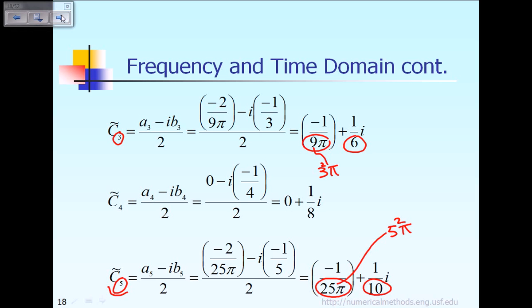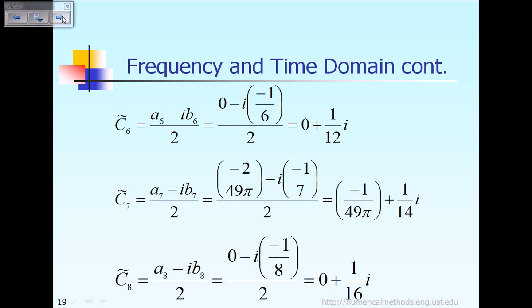On the other hand, corresponding to the index k being an even number, like k equal to 4, then the real part is always equal to 0, and the denominator of the imaginary part is doubled, so 4 becomes 8. So there's a pattern right there. And you can see again on the next slide, when the index k equals 6, which is an even number, the real part is equal to 0, like I told you, and the denominator of the imaginary part is doubled, it becomes 12.